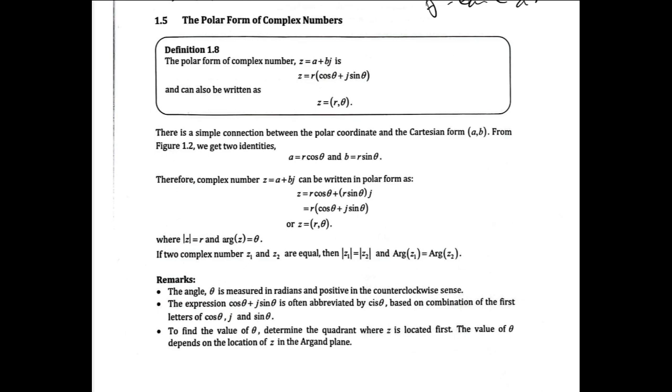So instead of describing z by its coordinates (a, b), we now describe it as (r, theta). This is just a change of coordinate system from the Argand diagram of (a, b) to polar (r, theta).